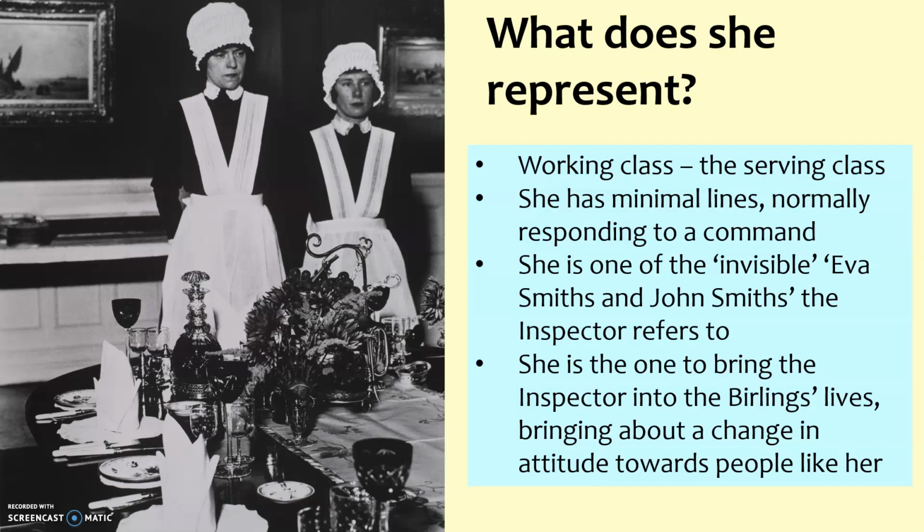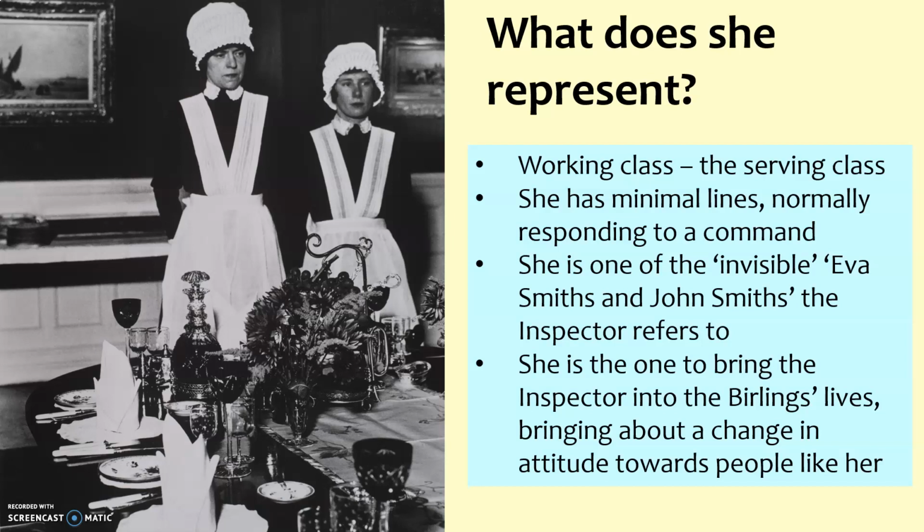She has minimal lines, normally responding to a command, as we said earlier, and she's like one of these invisible Eva Smiths and John Smiths that the inspector refers to.